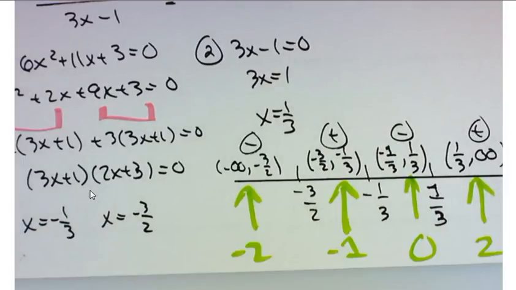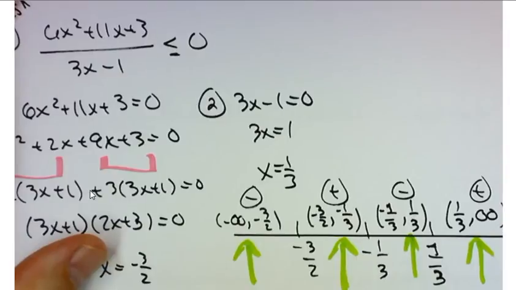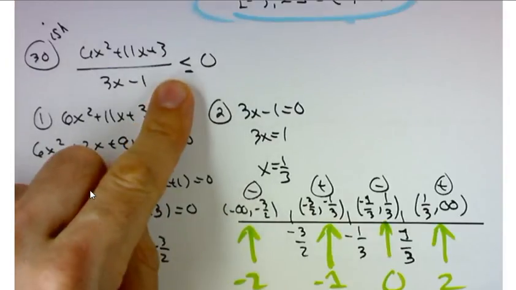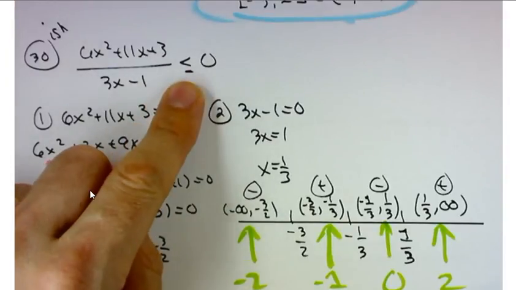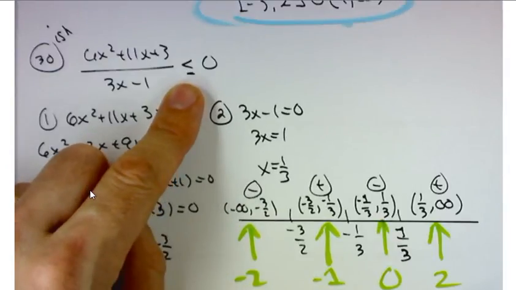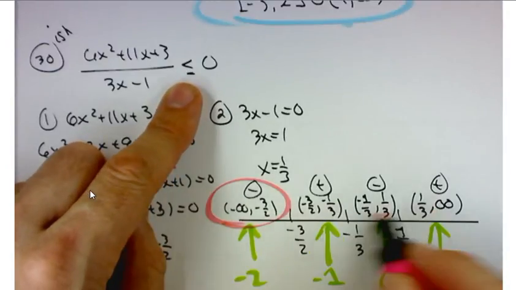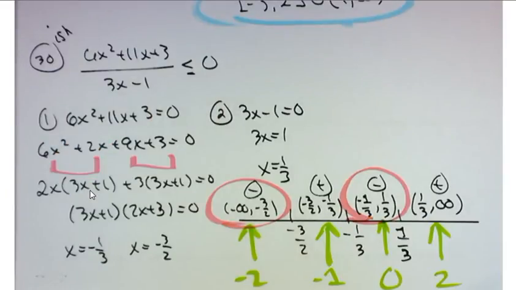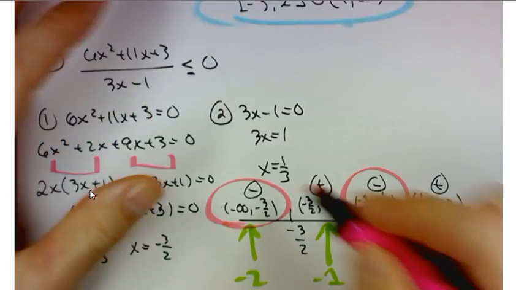Which intervals do I want, Kyle? Do I want the negative intervals or do I want the positive intervals? Yeah, I want the negative intervals. So I want this one and this one. Good. So those are going to be part of my answer.